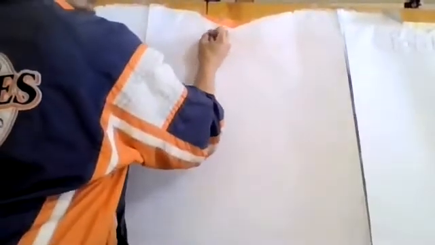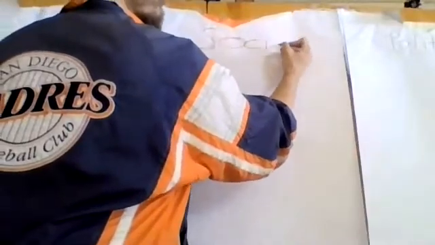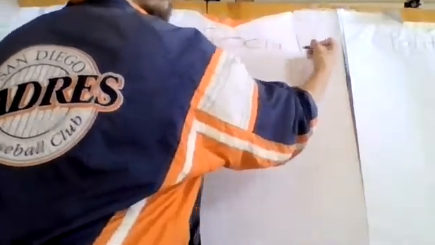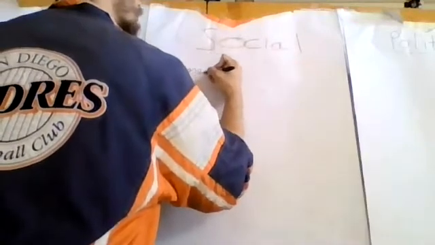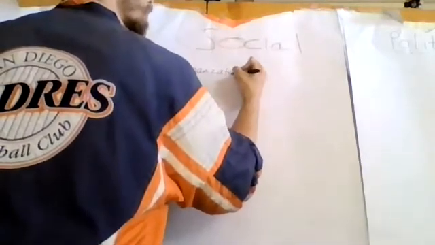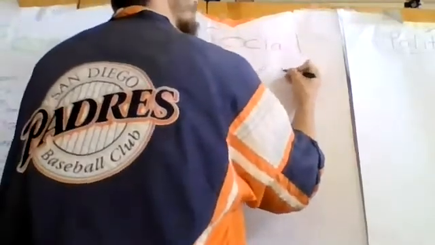That's not another color. So the next one is social. So these are the social impacts of slavery. The first one, and this is one we talked a lot about, was dehumanization of slaves.